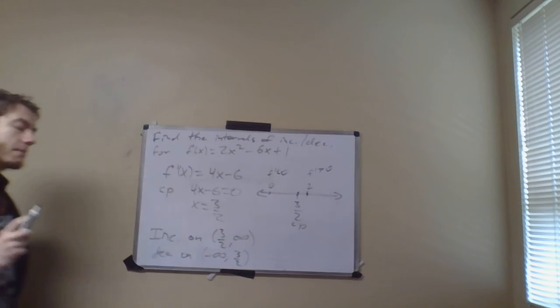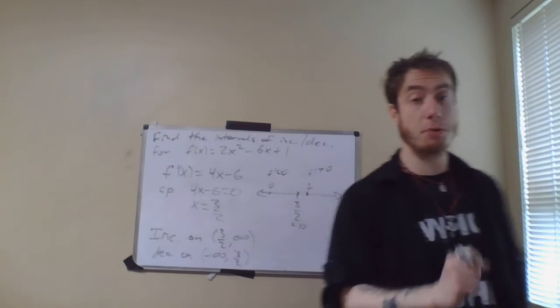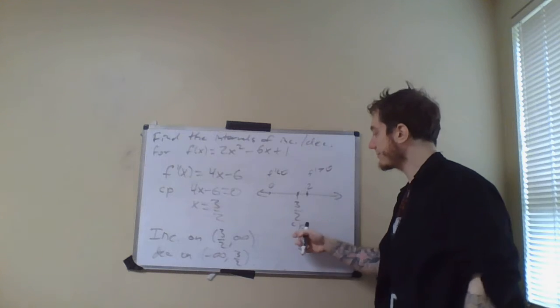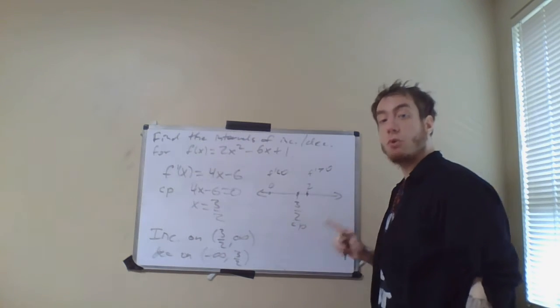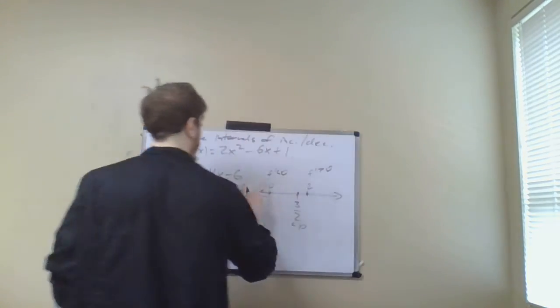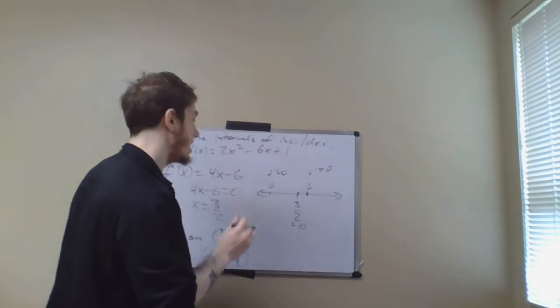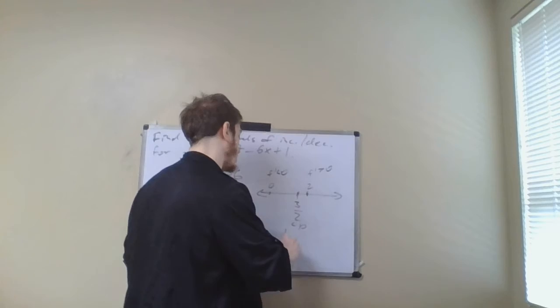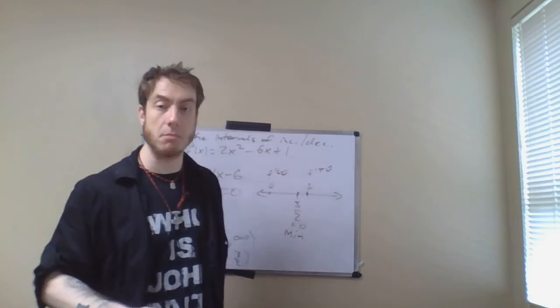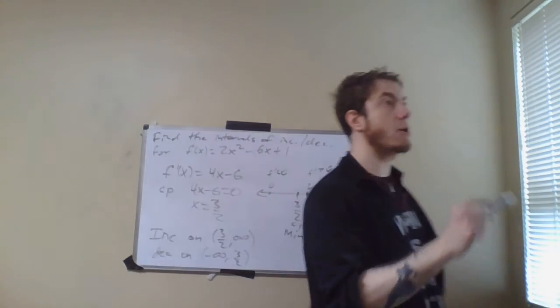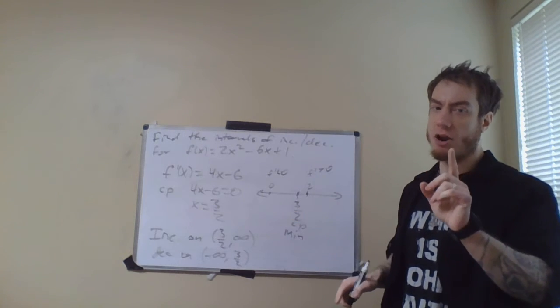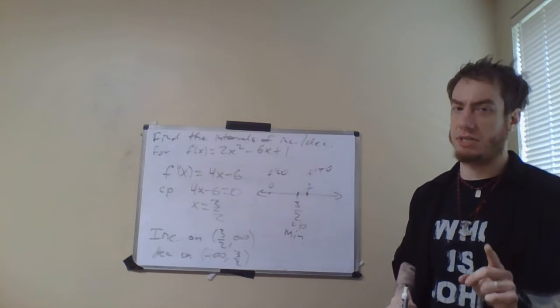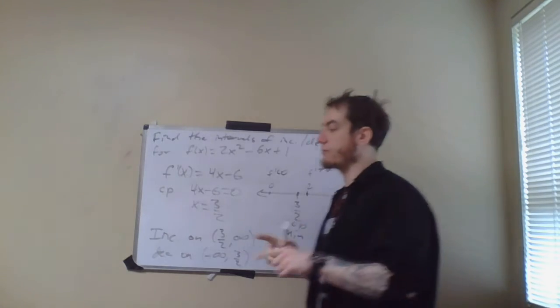Now, one thing I'm going to mention here, something that can help you out as well. Look at this critical point. If this critical point goes from decreasing to increasing, then that means that this critical point actually has to be a minimum. We've got to be careful if there's a discontinuity, because if there's a discontinuity, some weird stuff can happen.